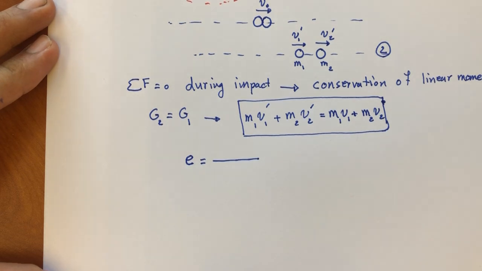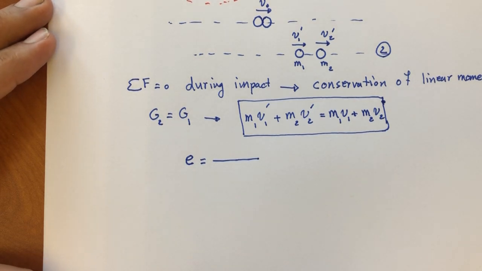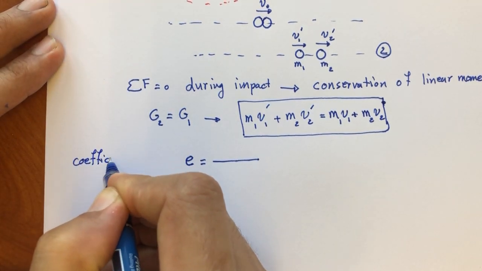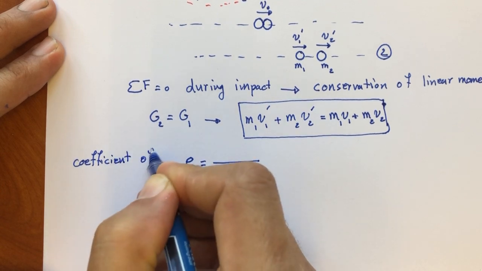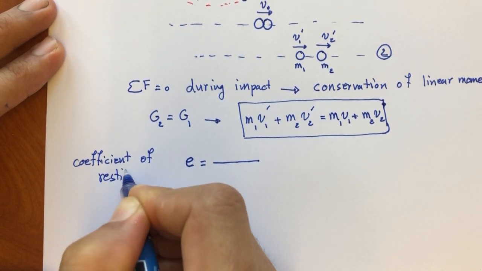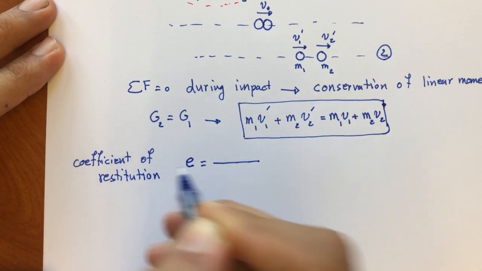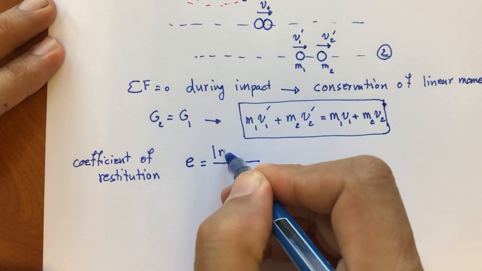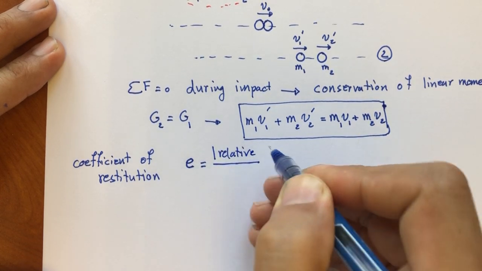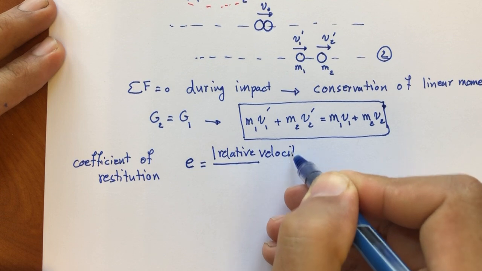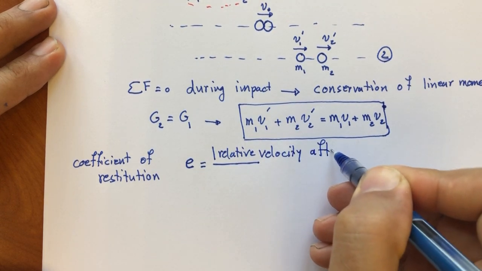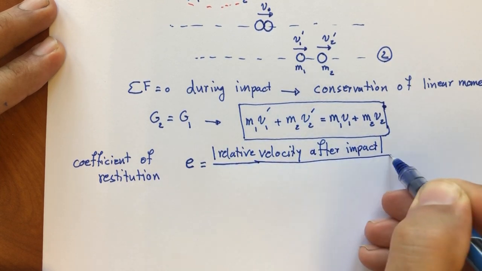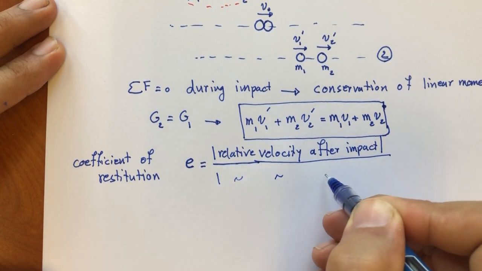And this coefficient, which is called coefficient of restitution, is equal to the relative velocity after impact divided by relative velocity before impact.